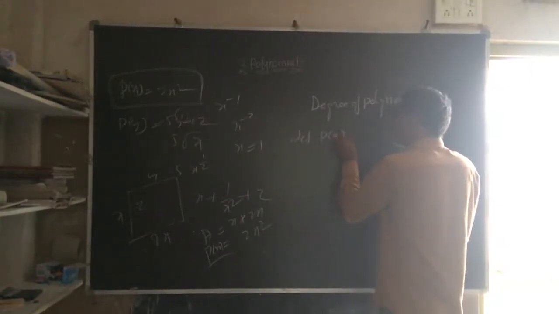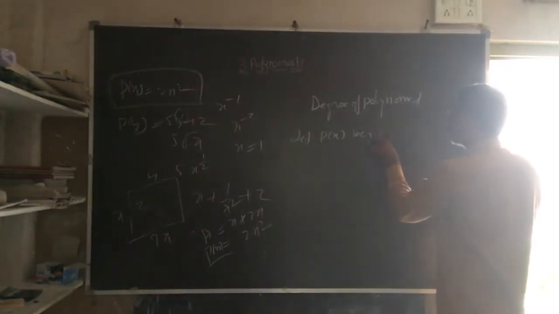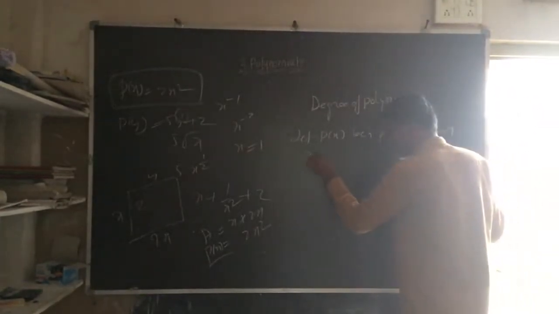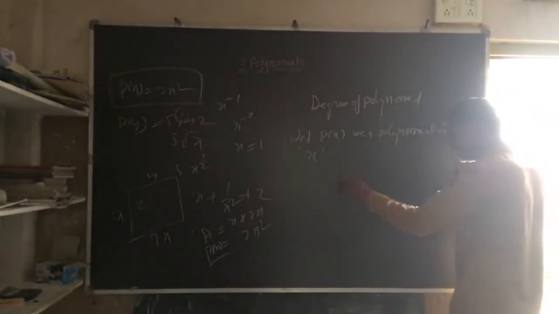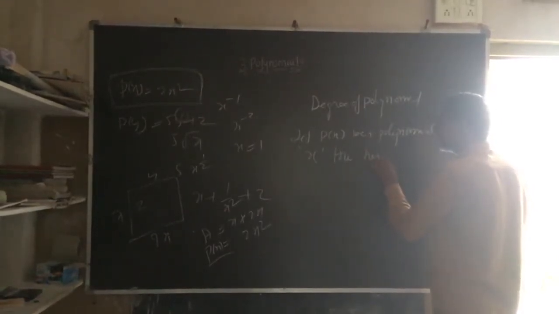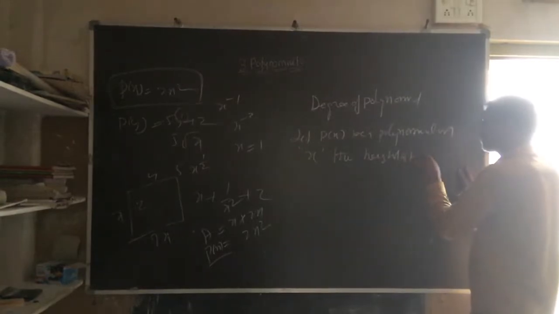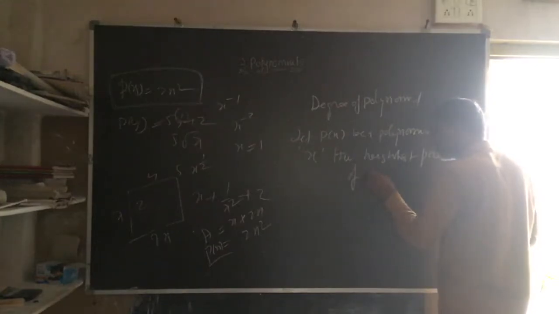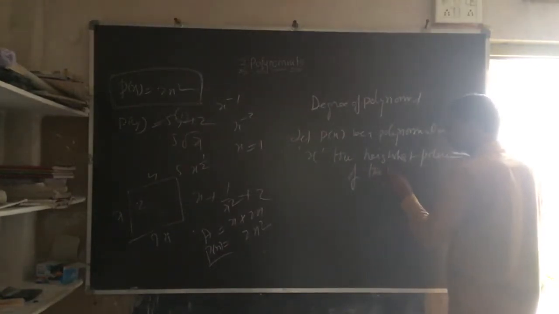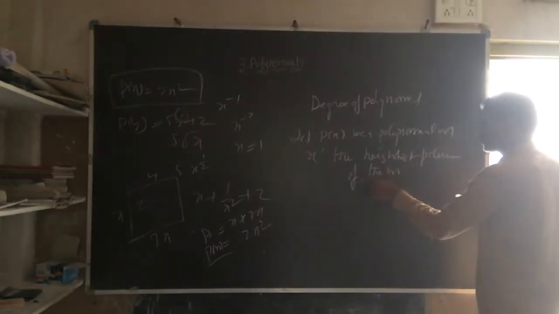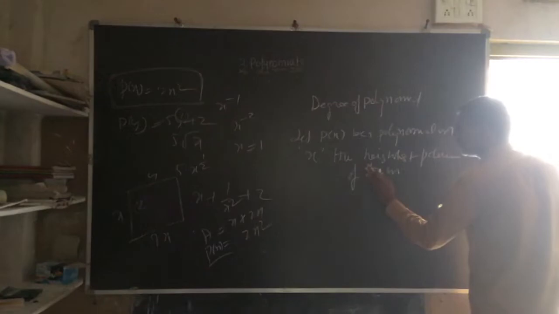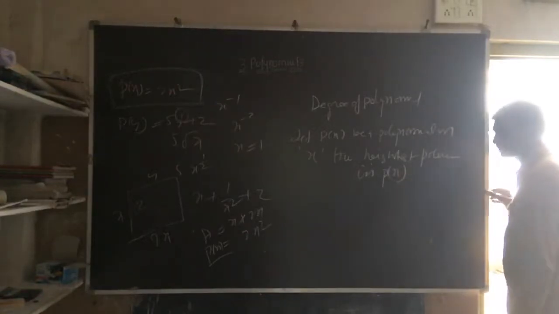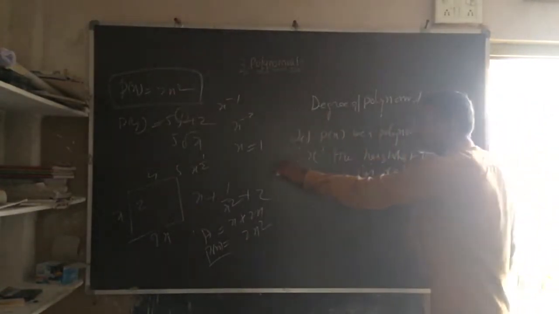Let P of x be a polynomial in some variable x, then the highest power of the term, highest power in P of x is called degree of the polynomial.